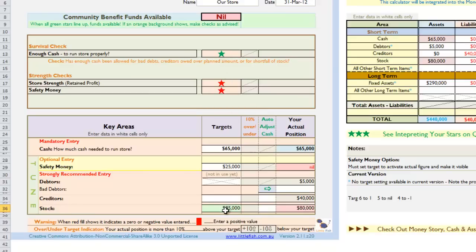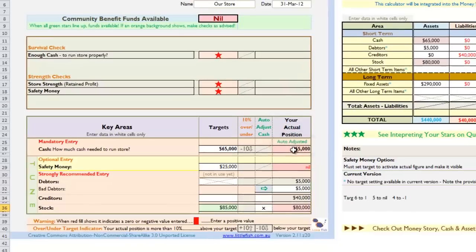Now of course you don't have to set that target on the calculator, and also for the 7th test, you can actually say, well, I'd want to deduct from my cash straight away, auto adjust the shortfall in my stock, or the excess creditors. If you have a target of 30,000 and you blow out to 40,000, it'll calculate. Or you can enter your bad debtors in here, and that will go straight to your cash. Easy peasy. Very easy to use.